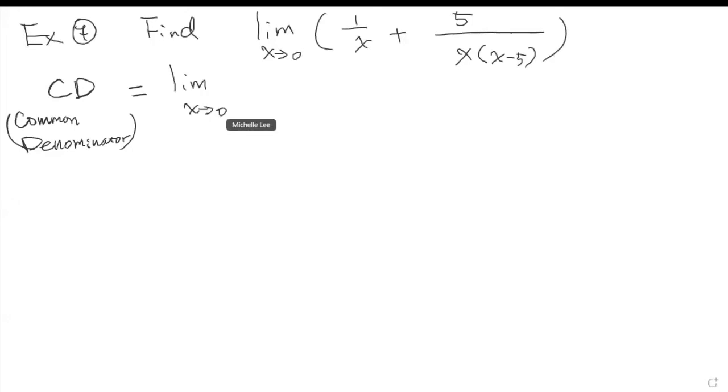So what is the common denominator? x and x minus 5, right? So this is not good.